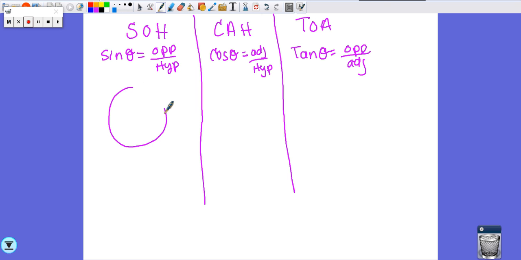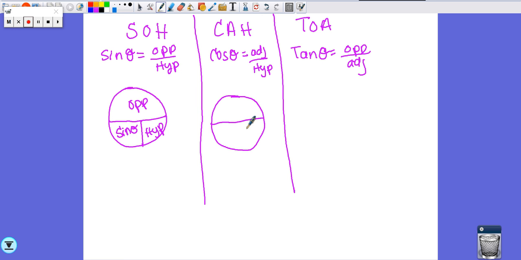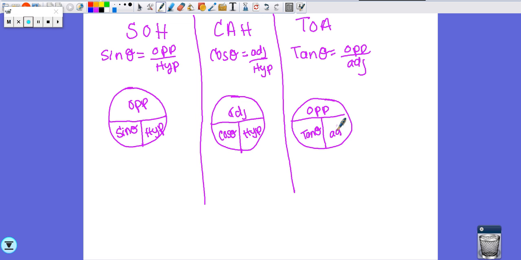So here, when you do your circles to help you to solve, you always put the trig function right here, and then the opposite over the hypotenuse, and then you scratch out the one that you're looking for, and that will tell you how to solve it. So here you do cosine adjacent over hypotenuse, and then here you would use tan opposite over adjacent.